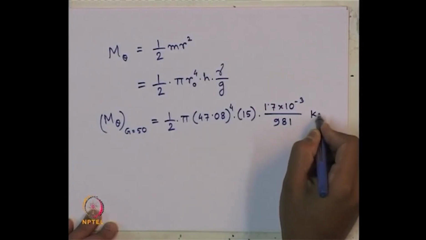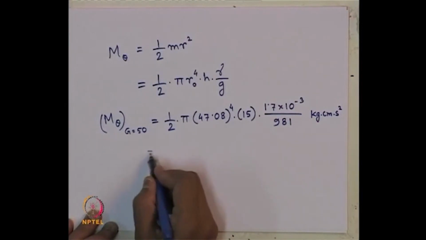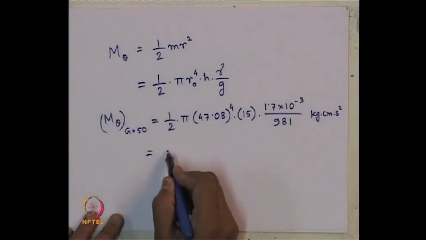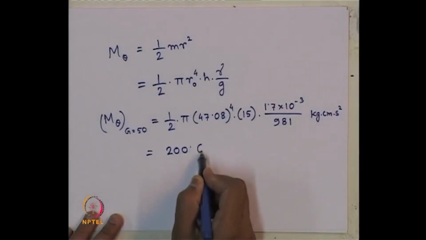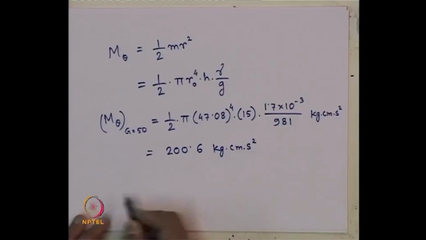Unit will be again kg centimeter second square. Now, let us calculate this, how much is it coming? 200.6 kg centimeter second square.